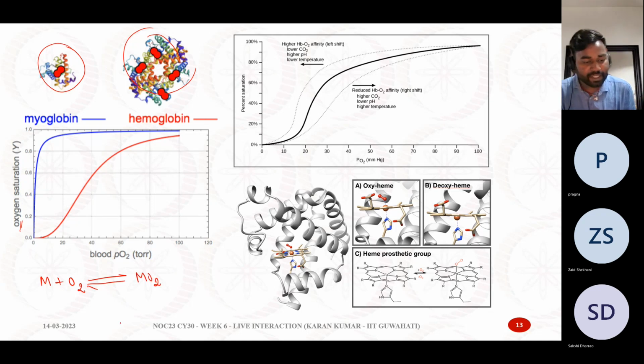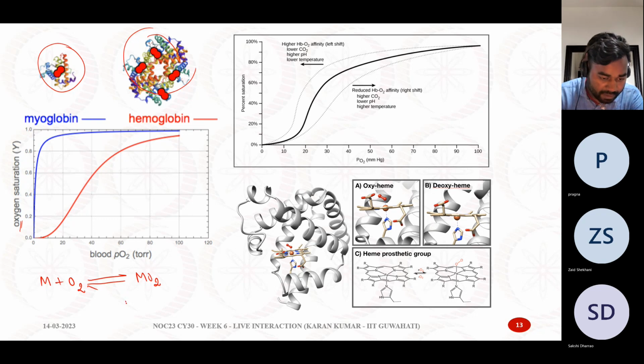Now, when you write the Kd of this, Kd means dissociation constant. Why are we writing the dissociation constant? Because the dissociation constant will tell you at which condition the myoglobin will release its oxygen.